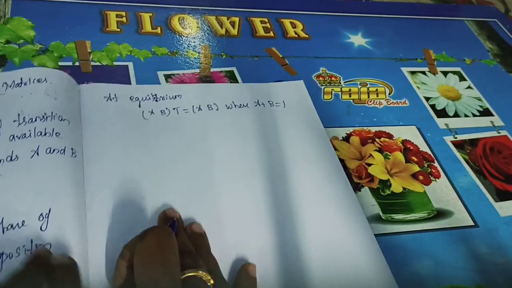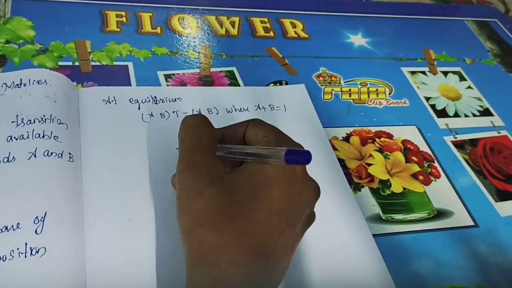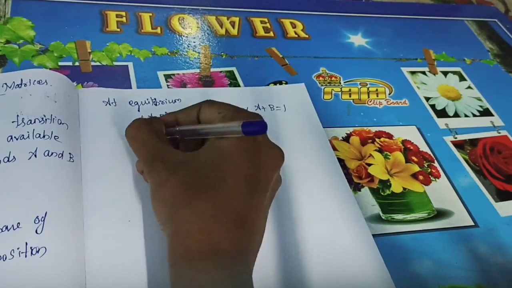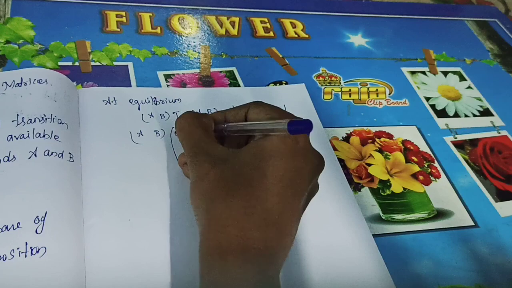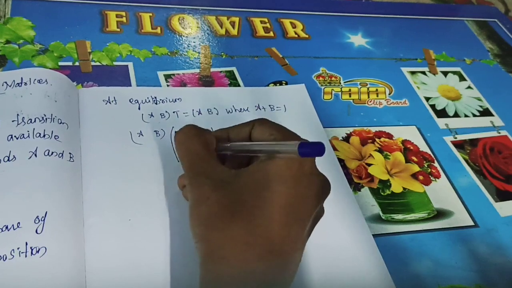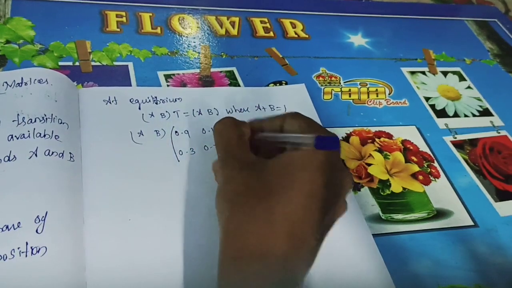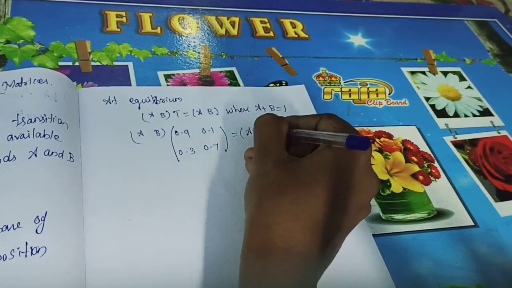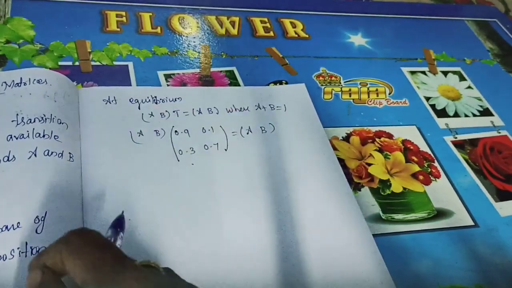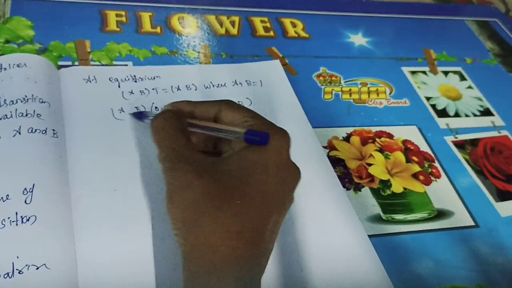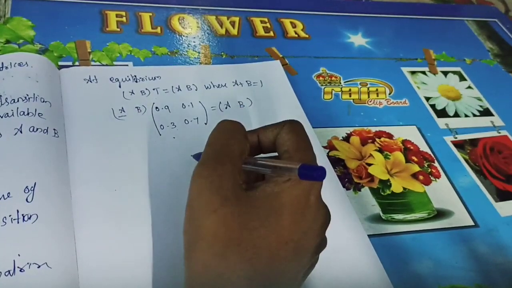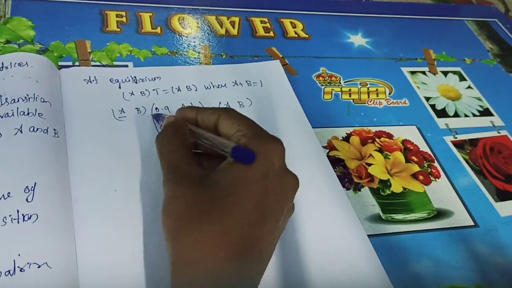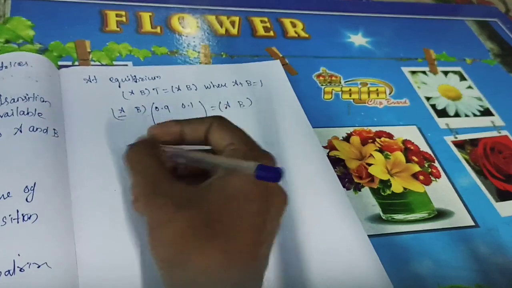Understand? So now I am going to substitute here. [A B] means that is [A B], same. Then the transition matrix [0.9, 0.1; 0.3, 0.7] is equal to [A B]. I substituted just the T value here. Okay. So now I am going to multiply this with this one. You know the method, is it right? Same as before, row by column. First row and column you will do, is it right?